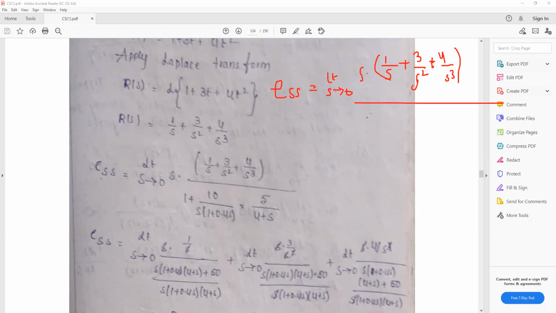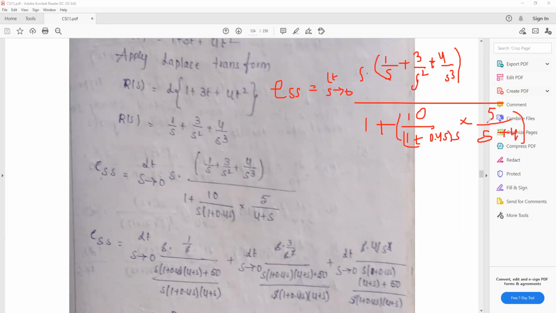divided by 1 plus G(s) into H(s), where G(s) is 10 by s into (1 plus 0.4s) and H(s) is 5 by (s plus 4).